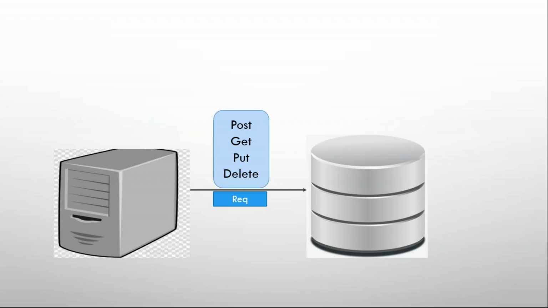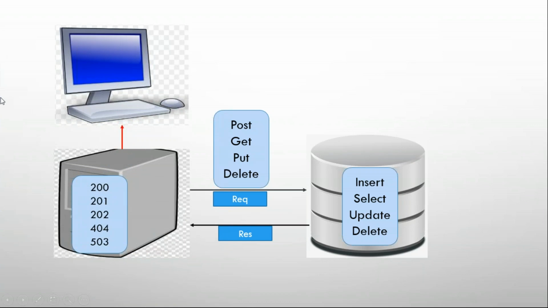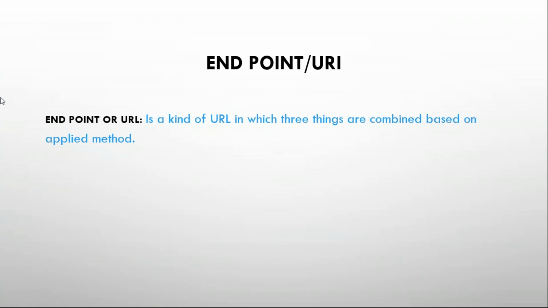This method is used by the APIs, and these methods perform these activities on the database, and now the database sends a response in this format, and that is called the response code. So now once the app server gets this response code, it sends some of the information to the client, and that information is user friendly, like user created, and this.